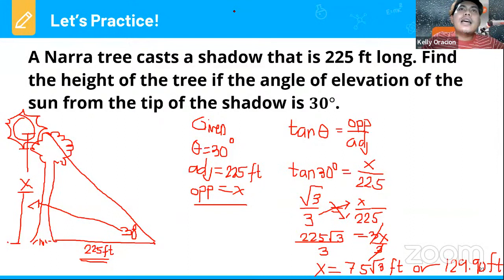Kailangan mo siya i-round off if kailangan i-round off.